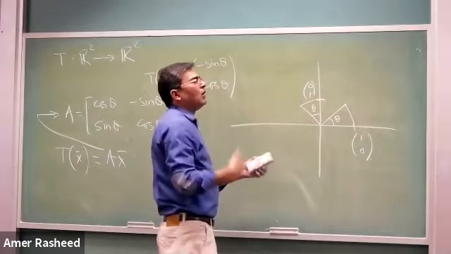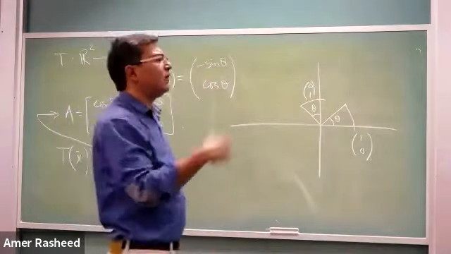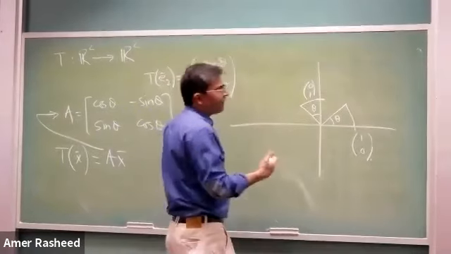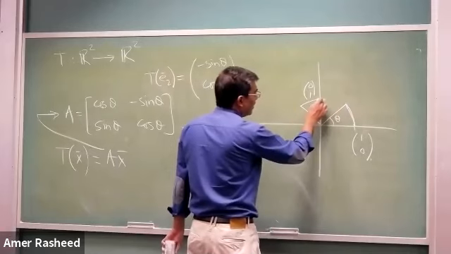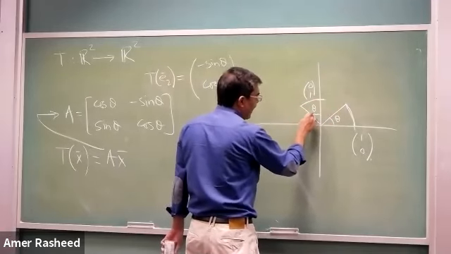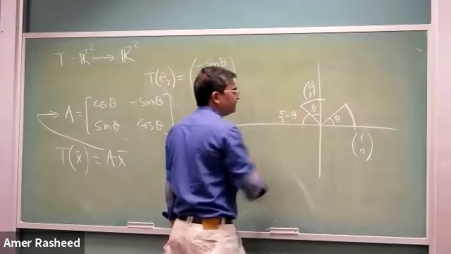And see how these unit vectors will be converted into new vectors after we apply the transformation. अगर ये angle theta है और ये angle theta है, so this angle will be pi by 2 minus theta.